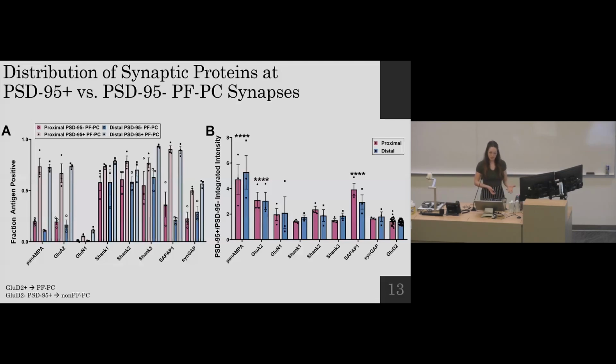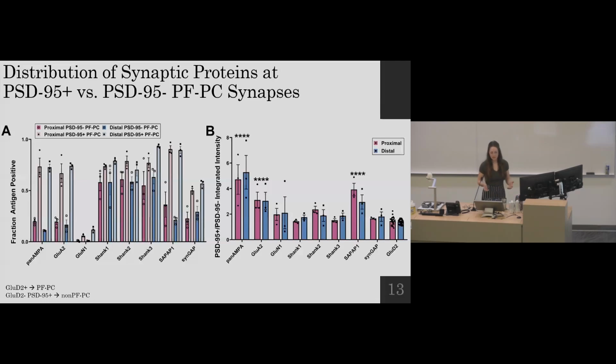Here I show similar measures to the last slide, with A being a fraction of antigen positive, PSD95 positive and PSD95 negative parallel fiber to Purkinje cell synapses. And I actually found here that all of the antigens had a greater density at the PSD95 positive parallel fiber to Purkinje cell synapses than at the PSD95 negative parallel fiber to Purkinje cell synapses.